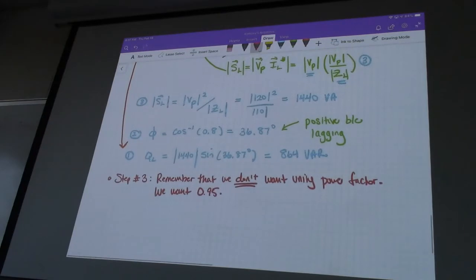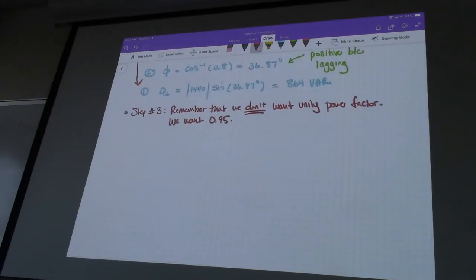So what's the QL value? Remember, we don't want unity power factor, we want 0.95, so we need to calculate the QL that corresponds to 0.95. What is that value going to be? We can just use the equations that we have already come up with.